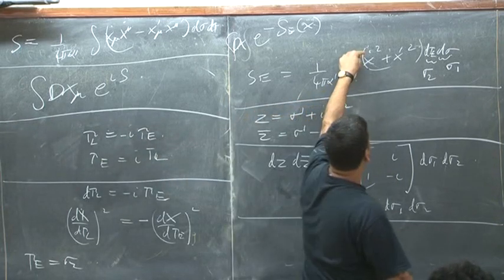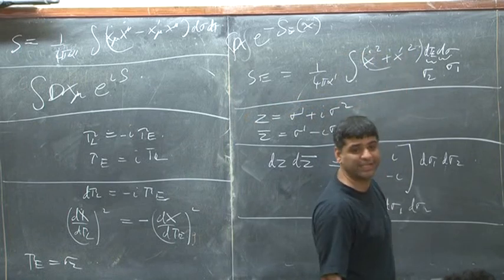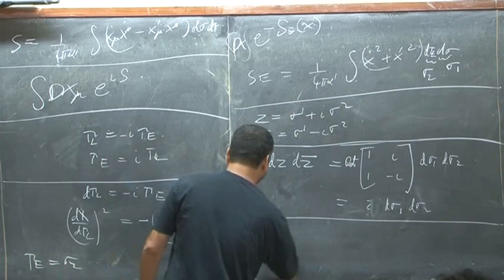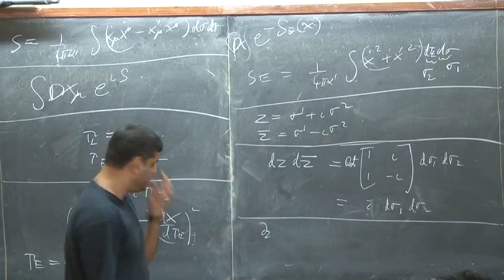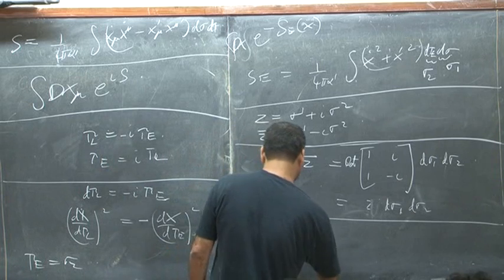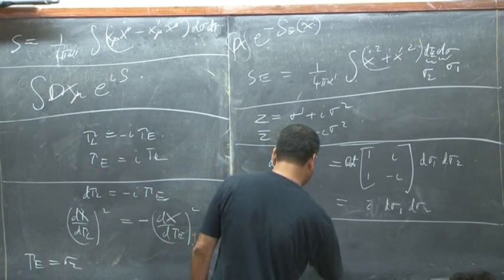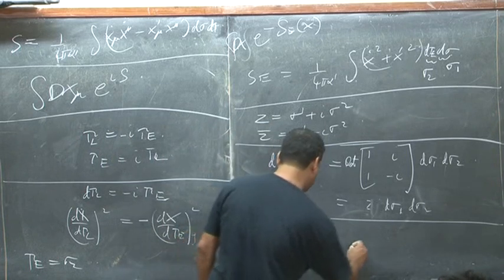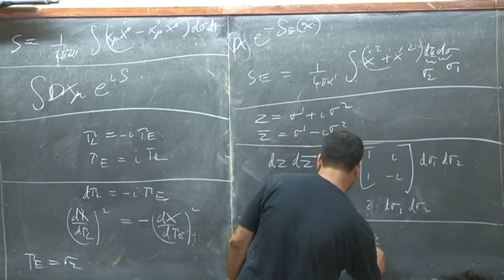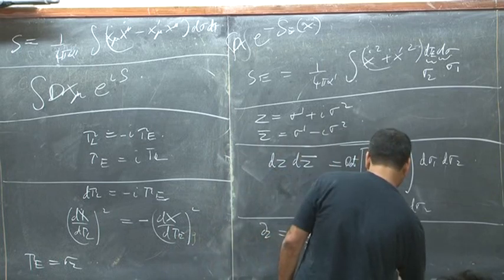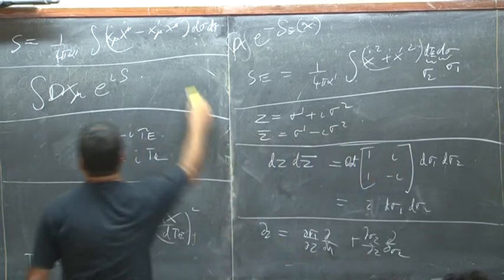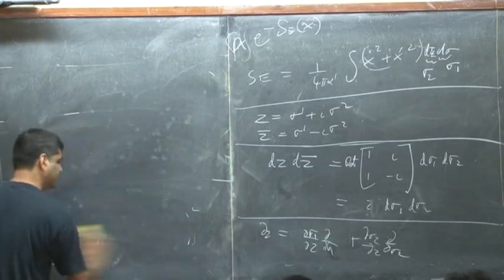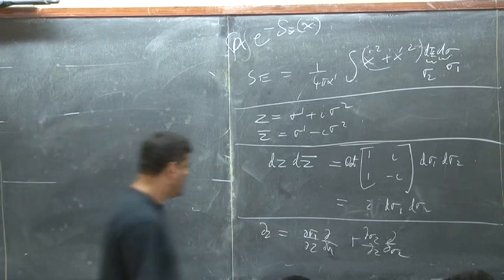Next, what is this x dot squared times x prime squared in terms of dz and dz bar? Okay. So what is dz? dz is d sigma 1 by dz times d by d sigma 1 plus d sigma 2 by dz times d by d sigma 2. Okay?